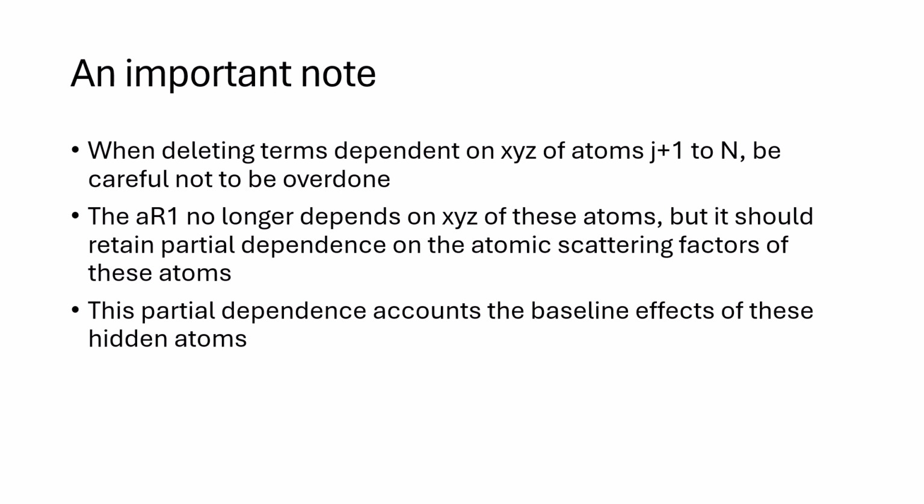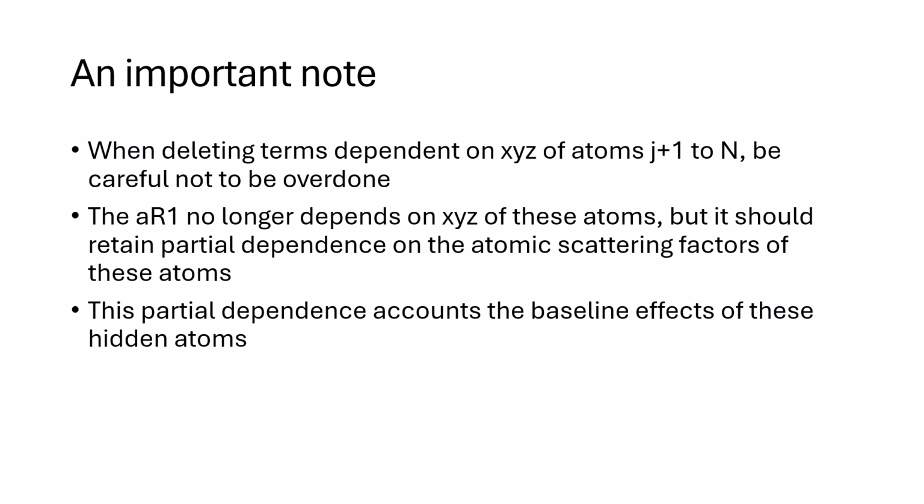There is one point we should be very careful about. When deleting terms dependent on the coordinates of the atoms from j plus 1 to n, we should not delete too much.